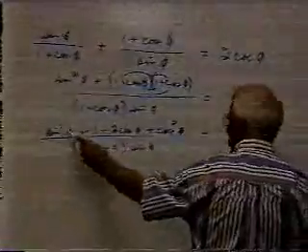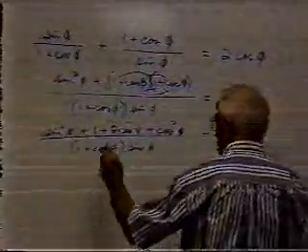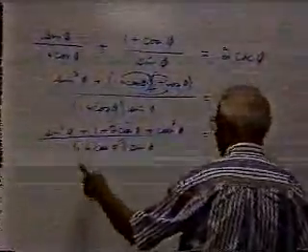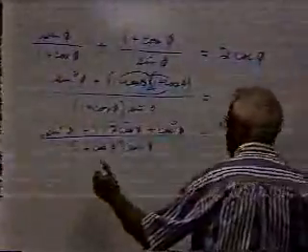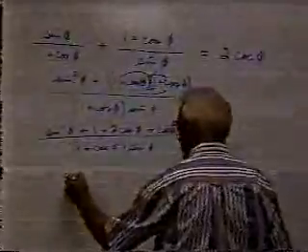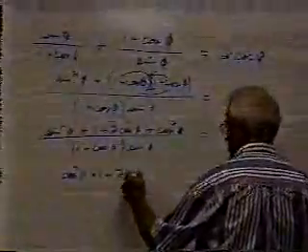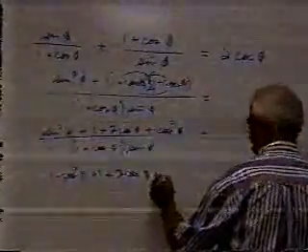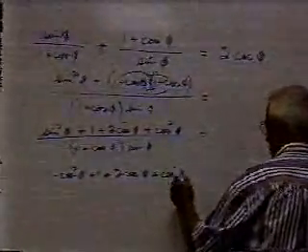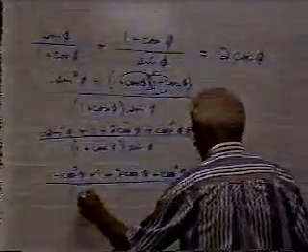Okay. Now look what happens. Sine squared plus cosine squared is equal to 1. So some of you can just put down 1 plus 1 and put 2. Save a step. But basically what you should do is, this is 1 minus cosine squared plus 1 plus 2 cosine plus cosine squared, all over 1 plus cosine.